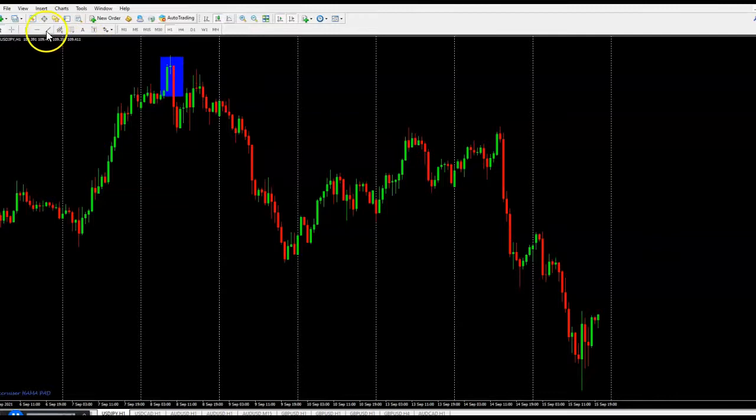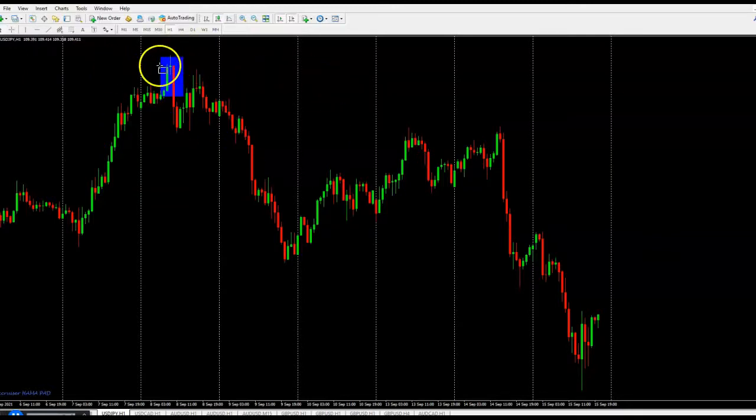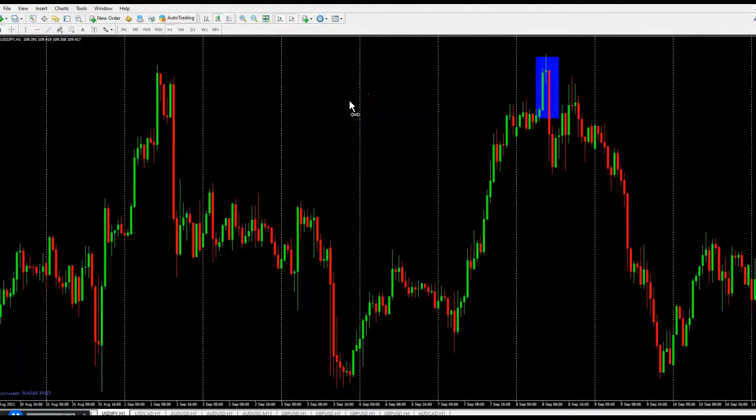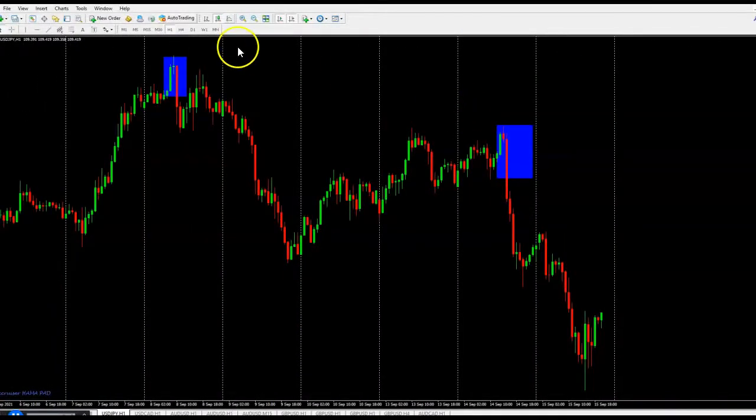I want to just show you what they look like so that when you come to a zone or a level, you can look for these. And of course, you may get some that are longer than others, and that's okay, but let's look for some more. I want you to definitely know what they look like.